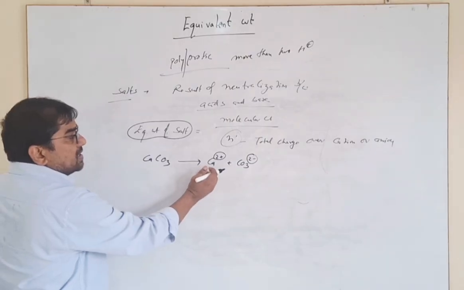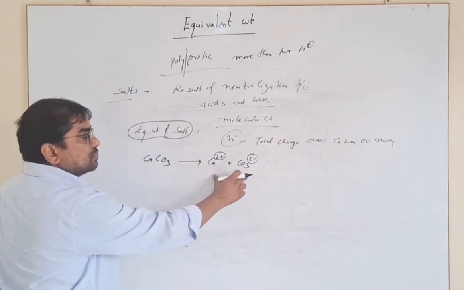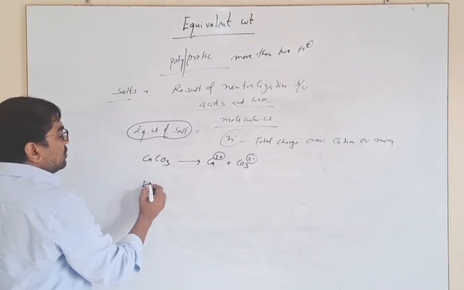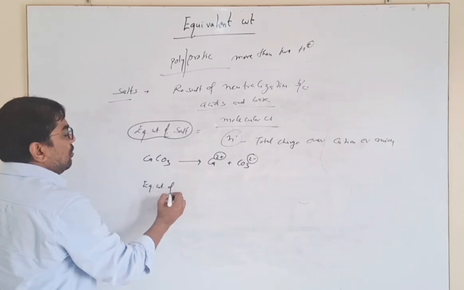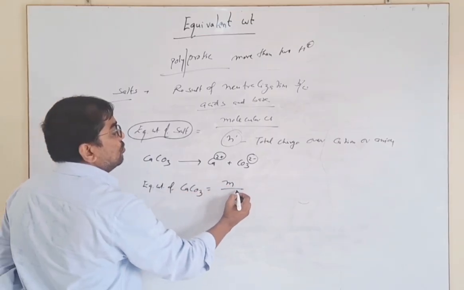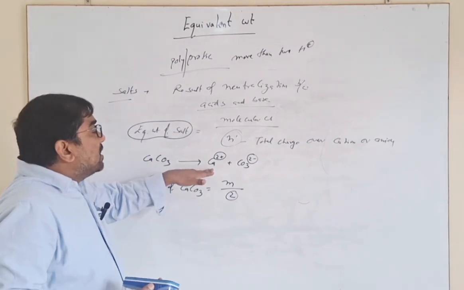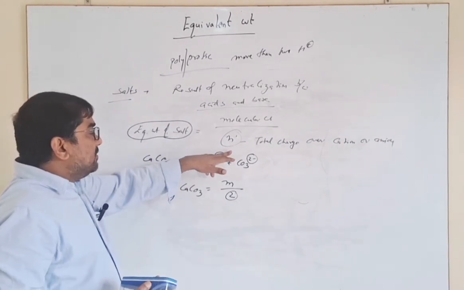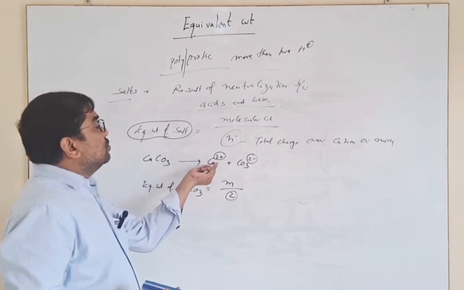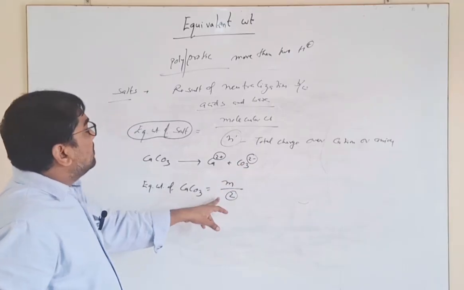Here total charge on cation is plus 2 and on anion is minus 2, so the charge 2 will be considered. Therefore, the equivalent weight of limestone, that is calcium carbonate, will be its molecular weight divided by 2. Total charge over anion, either we will take cation or we will take anion. Since 2 charge is present on cation and 2 on anion, it will be divided by 2.